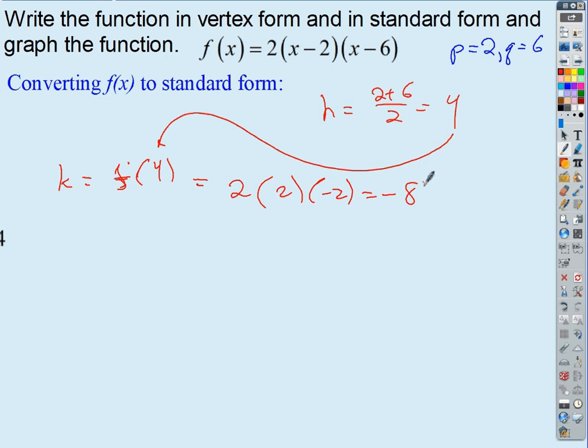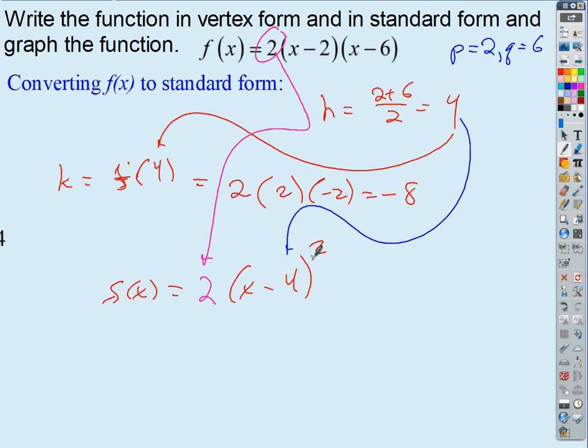I already know what a is. A is 2. So if I want to convert this into vertex form, I just get 2 times x minus 4 squared, because there's my 4, minus 8, because that's my k. Where did the negative 8 come from?